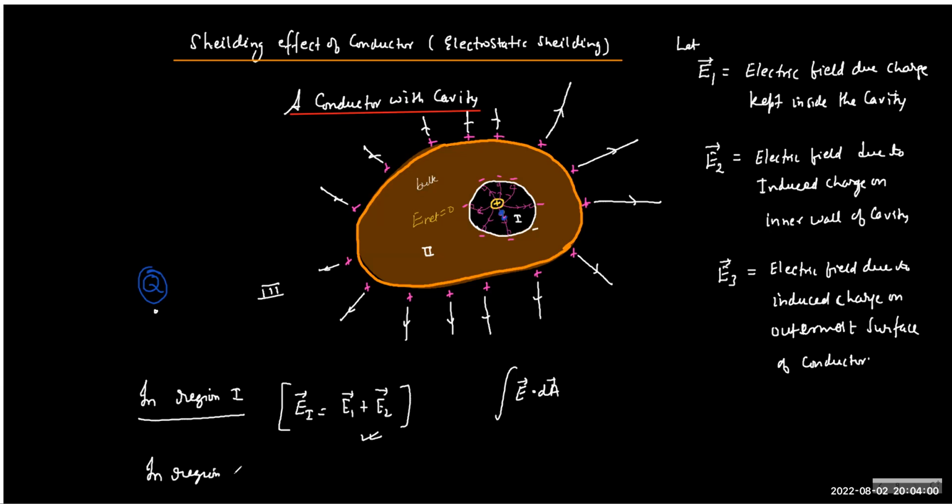In region 2, the E net is how much? Zero. So we know E net is 0, which implies E1 plus E2 is always 0. Understood? The E3, the plus charge on the outer surface, will have field only in the outer world, not inside.